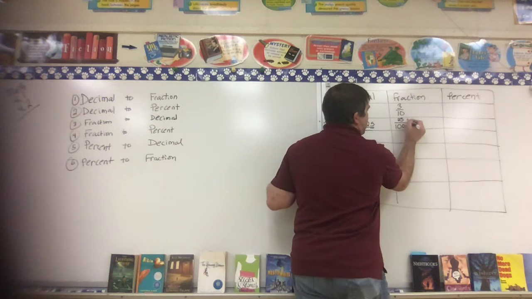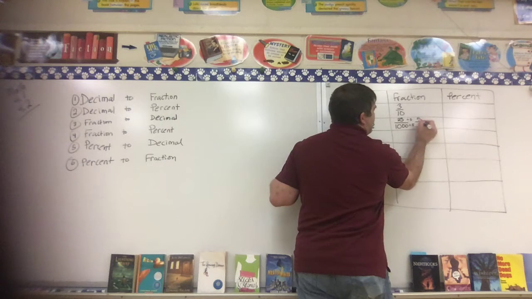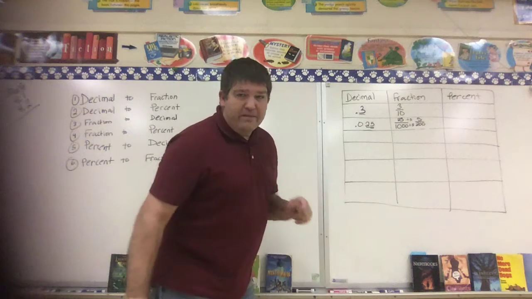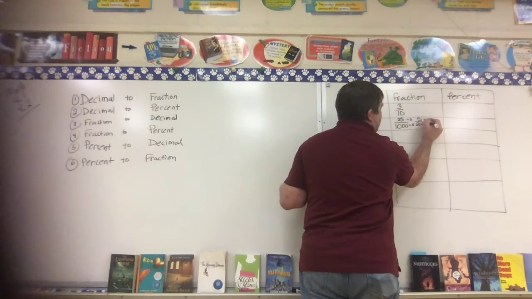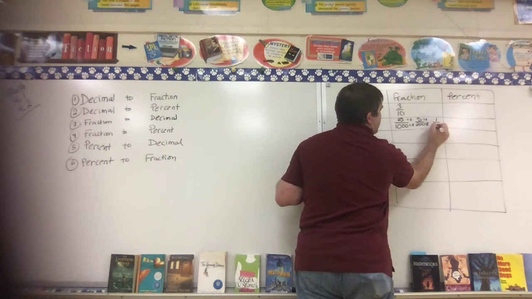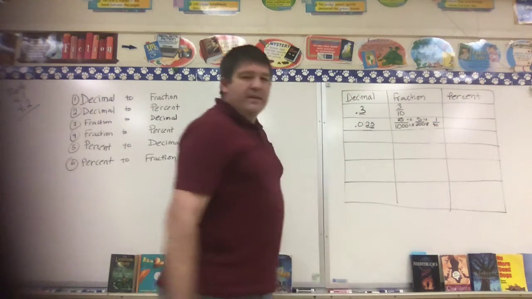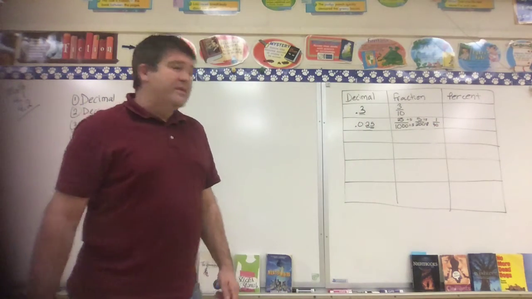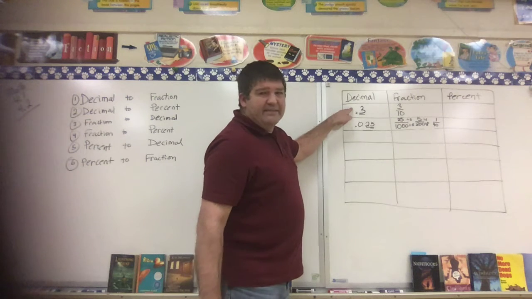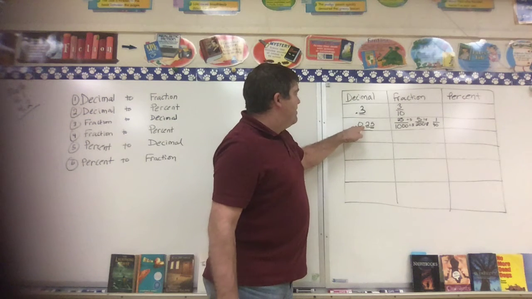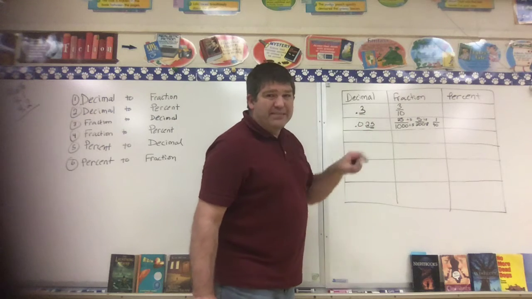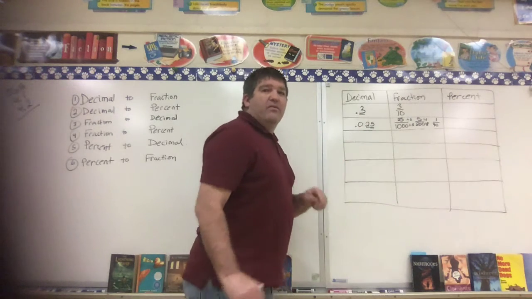So I divide this by 5 and this by 5, and I get 5 over 200. Now those can both be divided by 5 also, and when I do that, I get 1 over 40. And that's my answer. So this is 3/10, this is 0.025 or 25 thousandths, which is the small one.